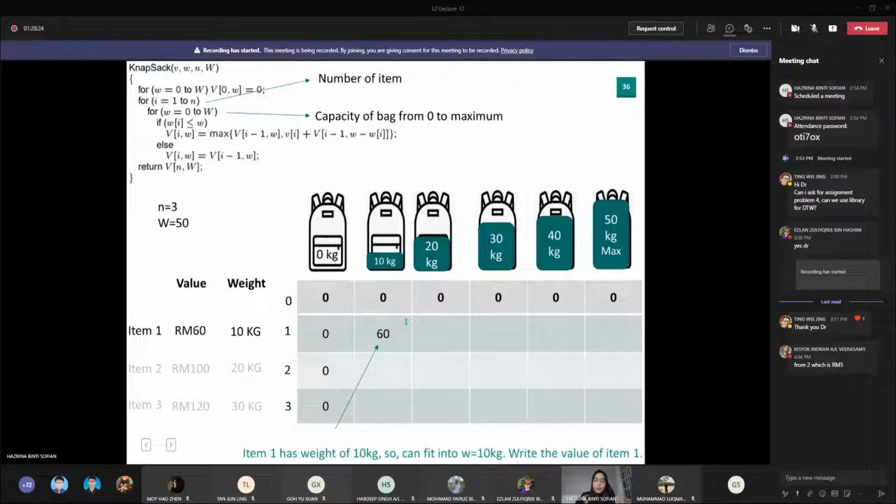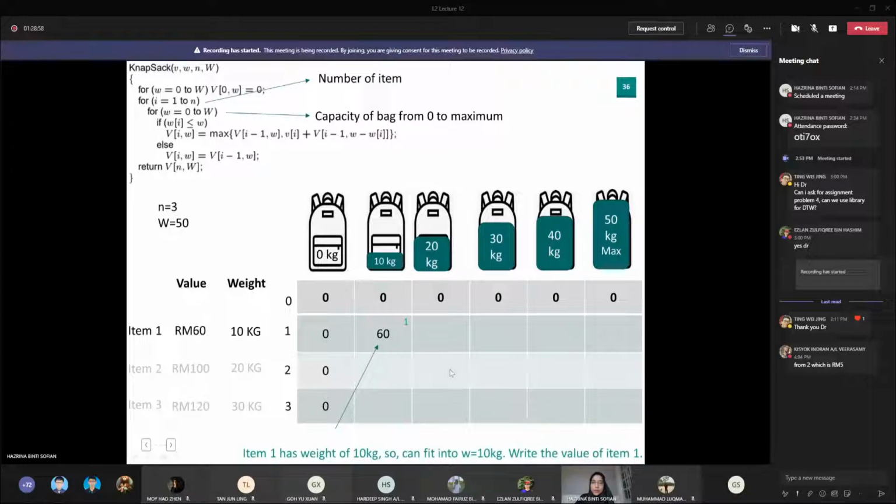The first row is when there's no item at all. When there's no item at all, we can just put our value as 0 all the way. If the bag does not have anything, 0 kg, we put the value as 0. So inside this table are the values.